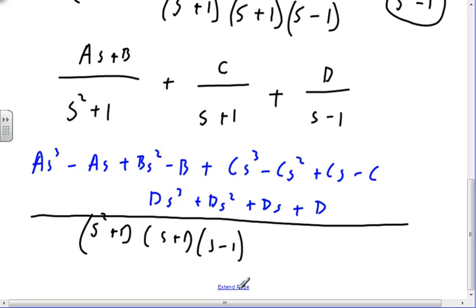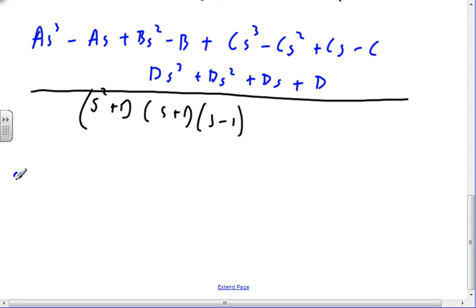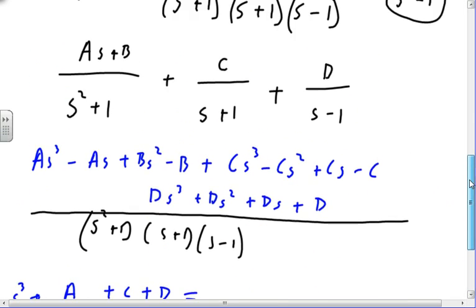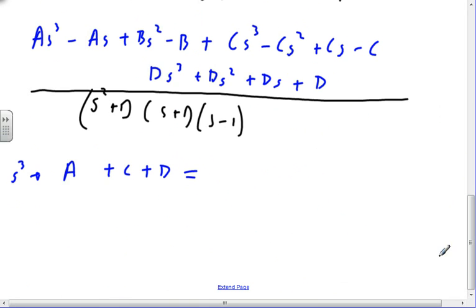All right, now assuming that I did that right, the s cubed term is A plus C plus D, which is going to be 1. And the s squared term is B minus C plus D, which is 0.